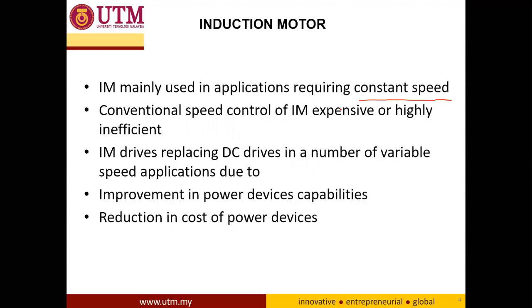As we recall from your basic machine subject, the most efficient way to control the speed of the induction motor is by adjusting the frequency supply of the induction motor. But at that time, there were no such power electronics converters that could do that.